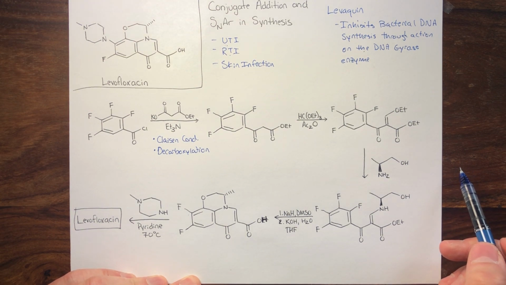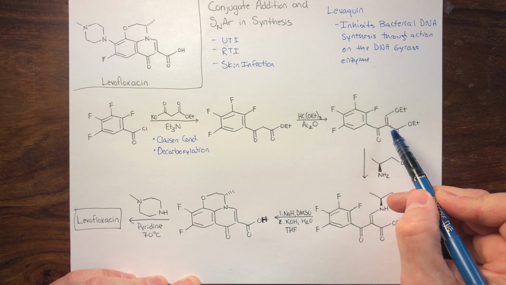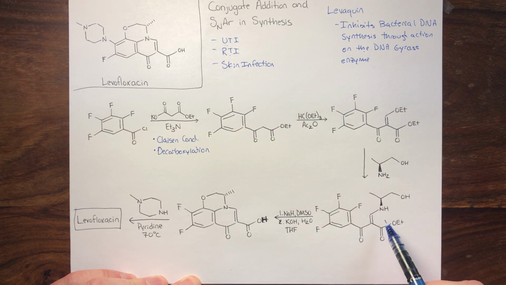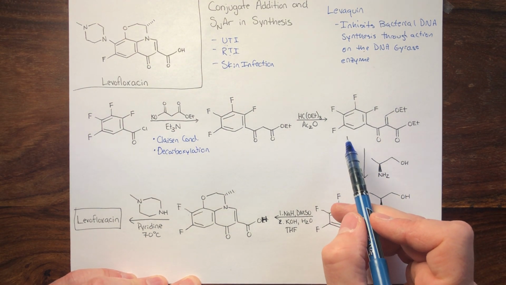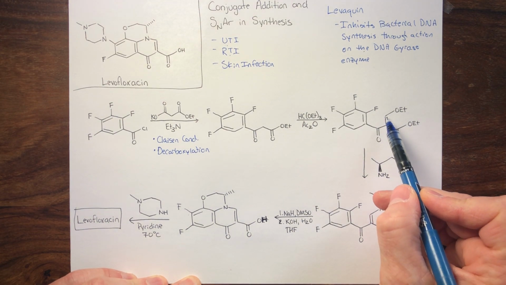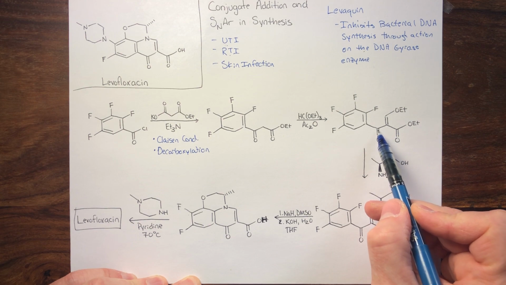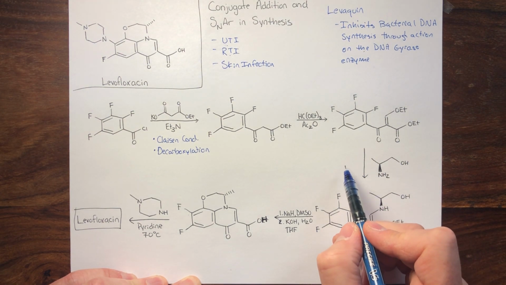What I really want to get into is looking at these last few steps that involve first a conjugate substitution, and then a series of nucleophilic aromatic substitution steps. So here we see that we're creating an alpha beta unsaturated carbonyl, and this double bond here is actually conjugated to two carbonyl compounds.